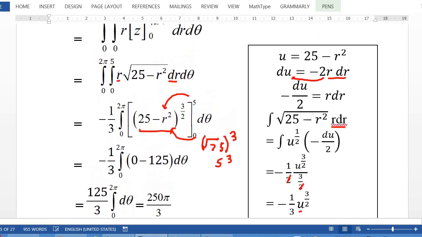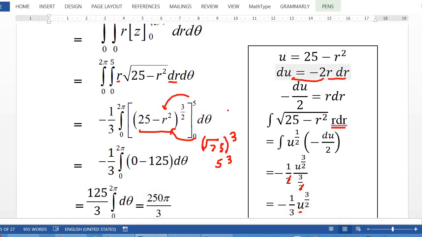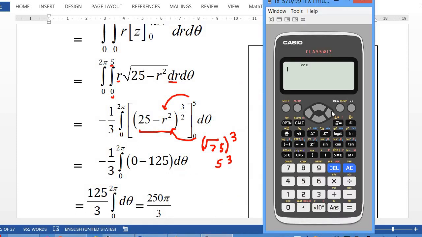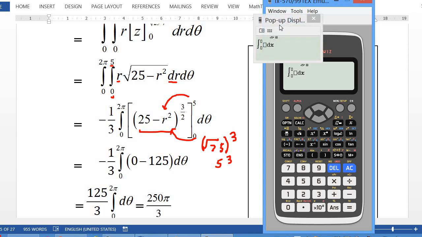In case you forgot how to integrate using the substitution technique, if the limit of r here is constant, you may use your scientific calculator to integrate it. Here is the calculator.